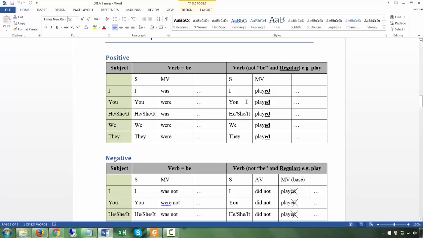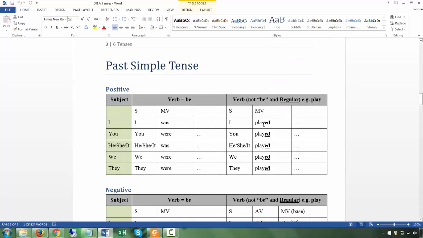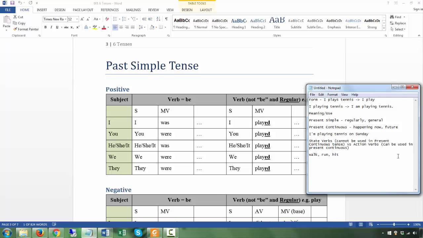Then it comes to what you call regular. Regular verbs are verbs that, generally, when you get the past simple and the past participle, okay, just be very careful here.